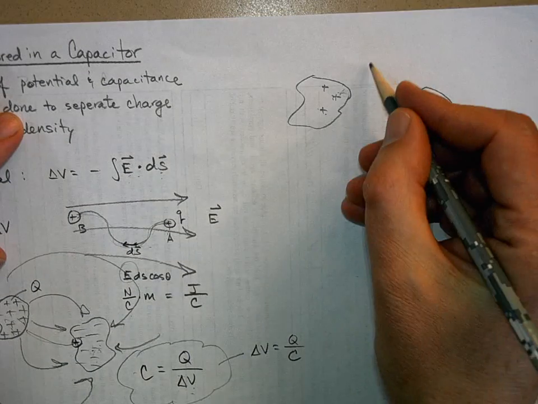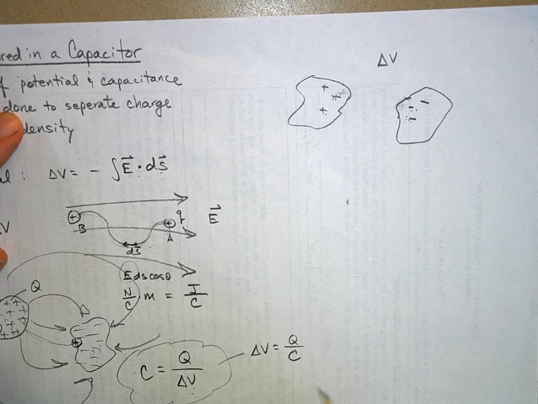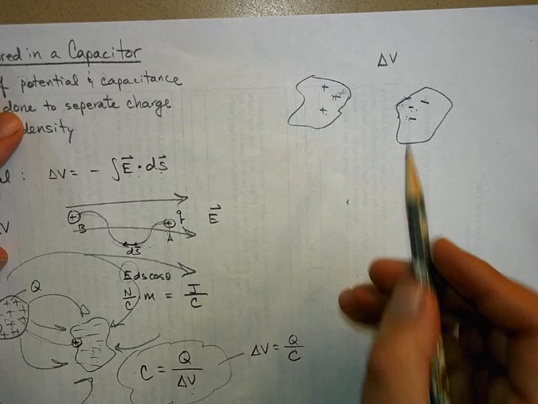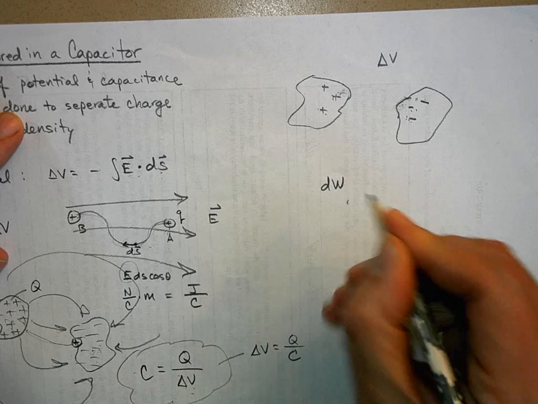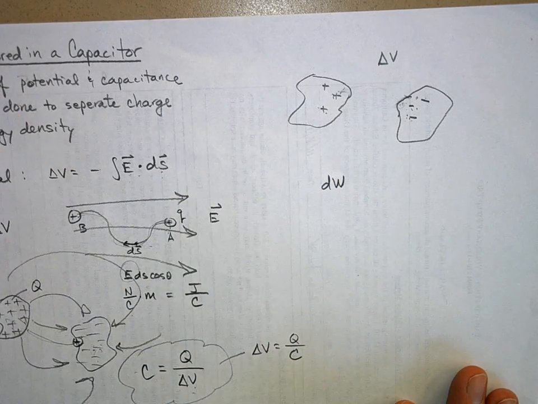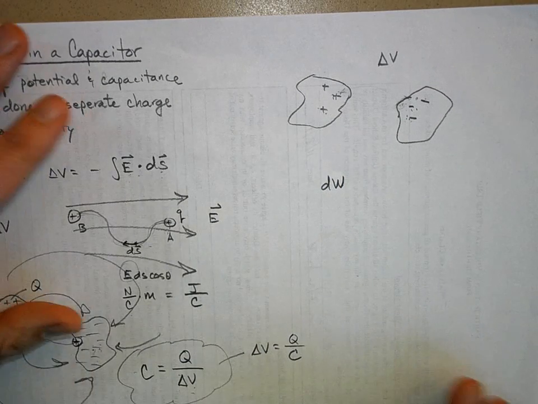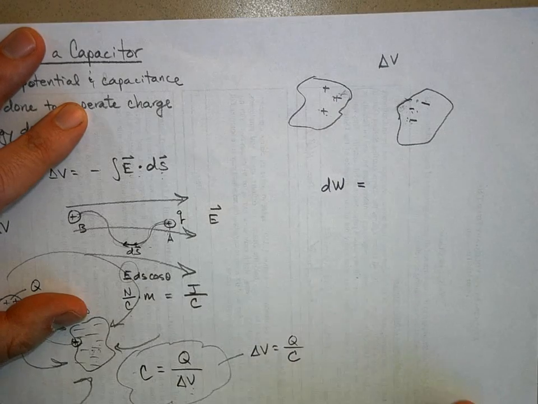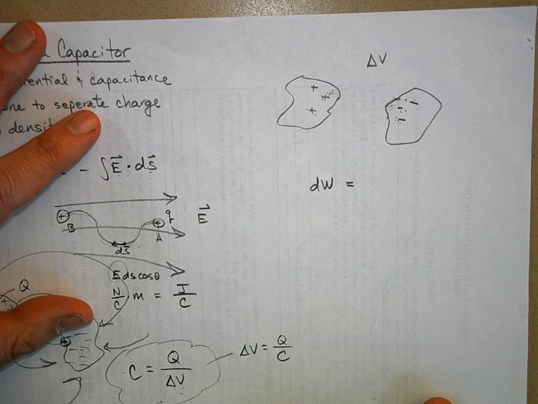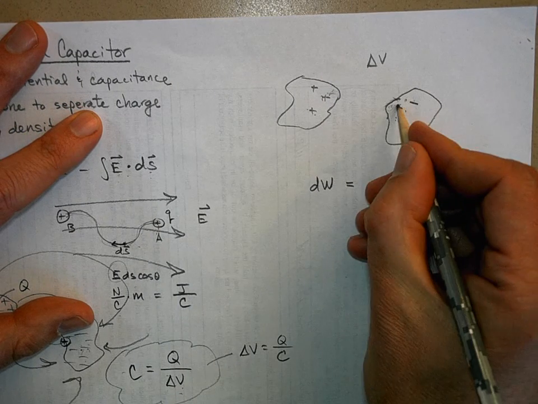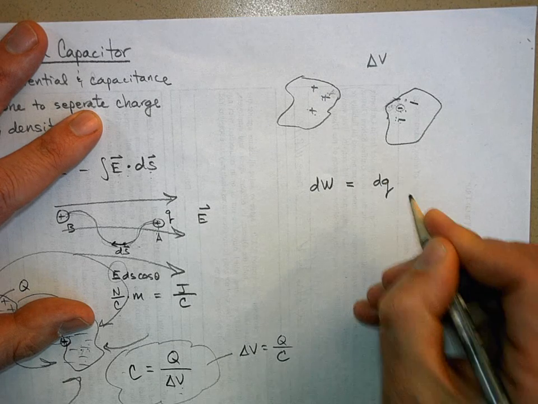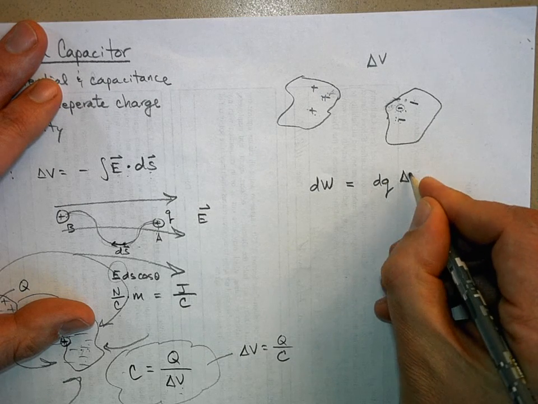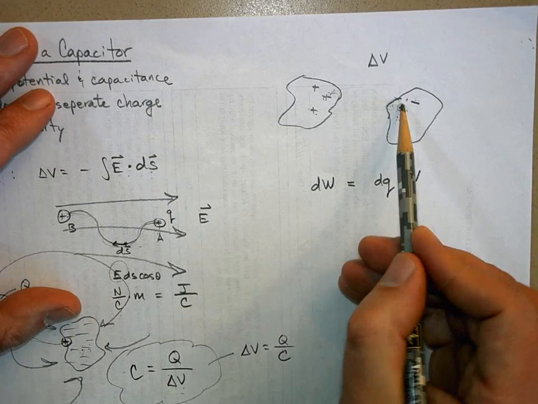Well, let's say at any given instant there's delta V, and I'm going to move a charge from here to here. So a little tiny bit of work that it takes to do that is going to be equal to, I'm going to take a little tiny bit of charge and multiply that charge by the voltage at that instant.